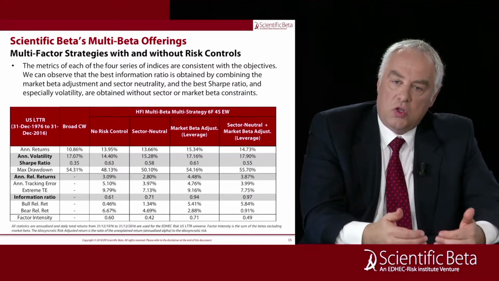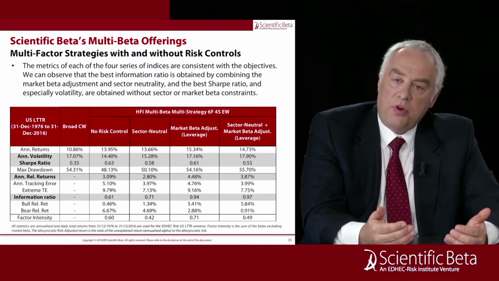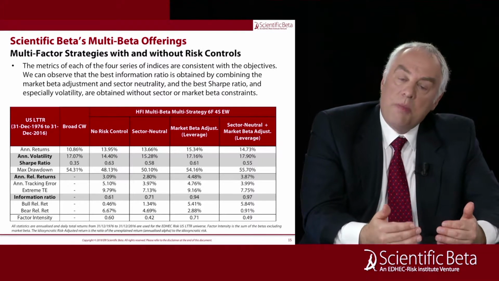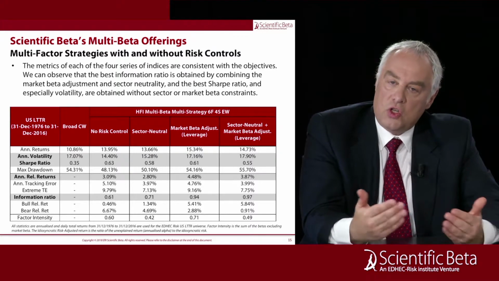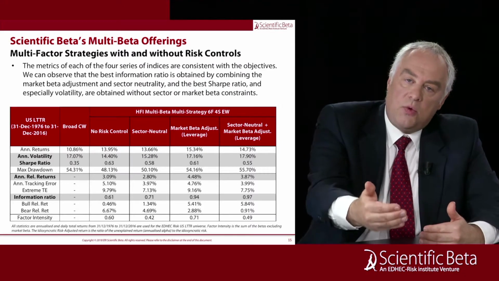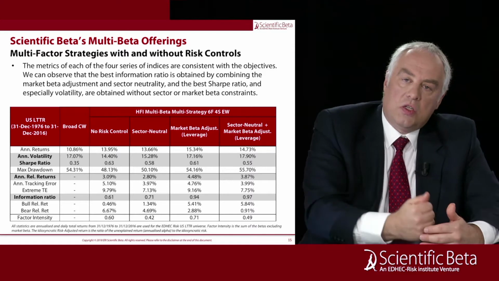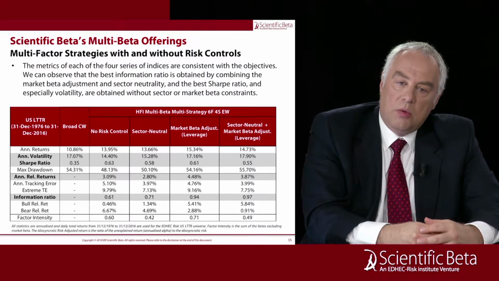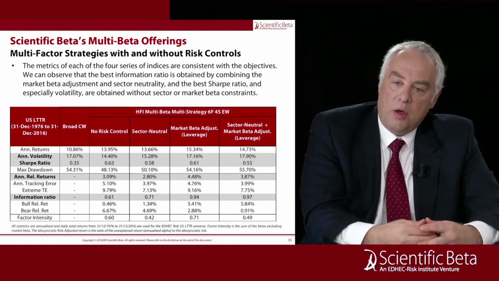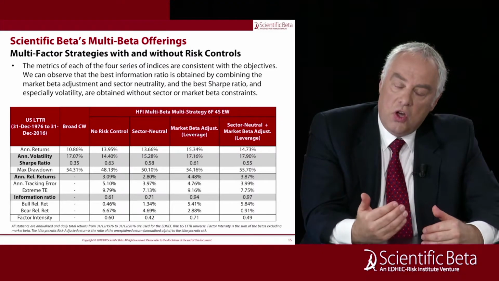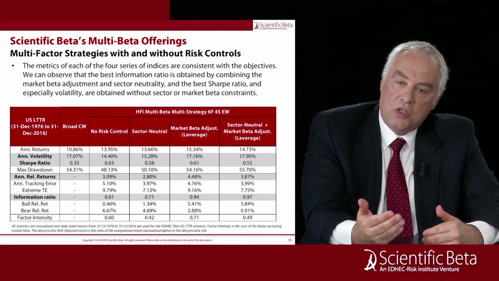You have a greater exposure, so you pick up more of the market risk premium, but that comes with a cost because you also have higher risk. The Sharpe ratio is the same. You get better return, more market return, but you also get more volatility, and you get just as much drawdown when you have a crisis. But in terms of return, you can see you get a substantial lift.